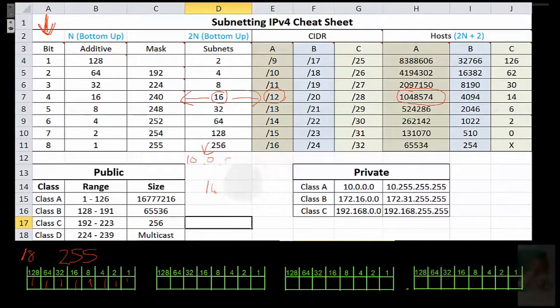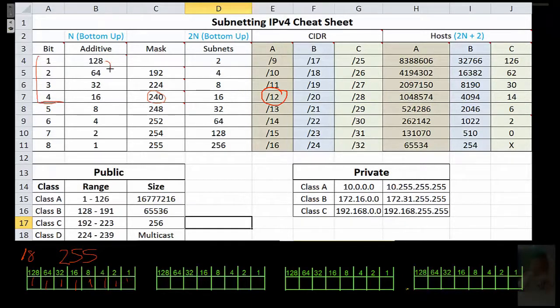Let's get this out of here. How did we get this mask value? Let's say that we did enable that real quick just to make sure that this is working, connecting dots as well. Well, we enabled 1, 2, 3, 4 bits, right, to get there. How did we get 240?